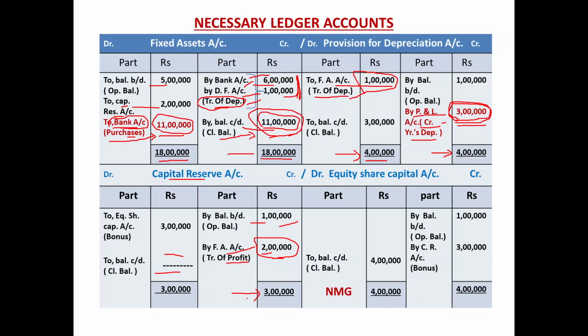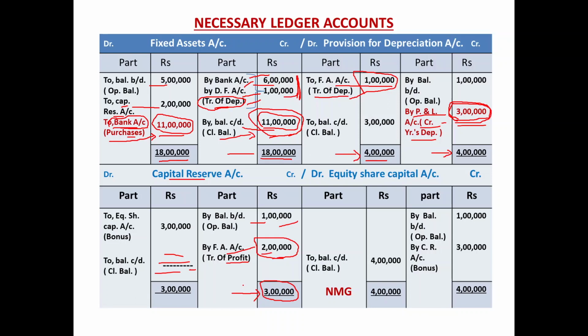It is 3 lakhs versus no closing balance. What does it mean? It means this entire available amount in the capital reserve account, which is 3 lakh, has been utilized to issue the bonus shares to shareholders because there is no closing balance. So the entire amount has been utilized to give the bonus shares.